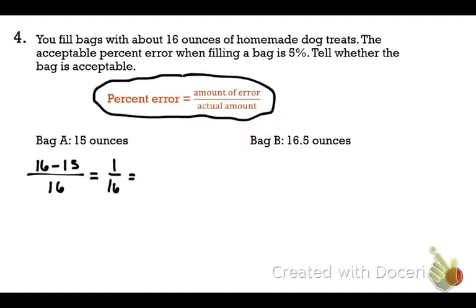Guys, what would that be as a decimal? Not 16%. 0.0625. Turn that into a percent, and what do you get? 6.25%. Would this be acceptable?